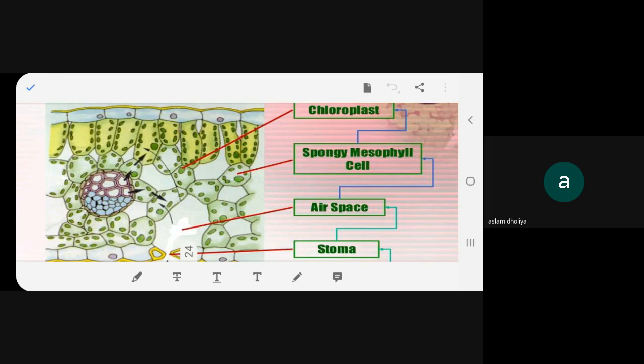From where? Ma'am, can I say? Yes, say. From stomata. Where do you find stomata, beta? In the leaves. Very good. Where exactly do you find stomata? Upper part or lower part?